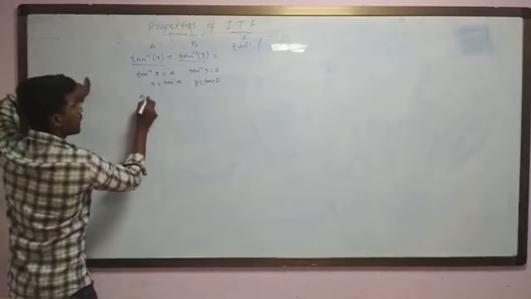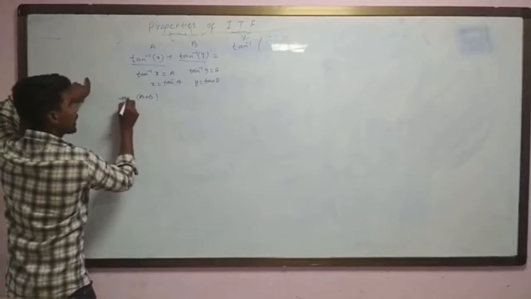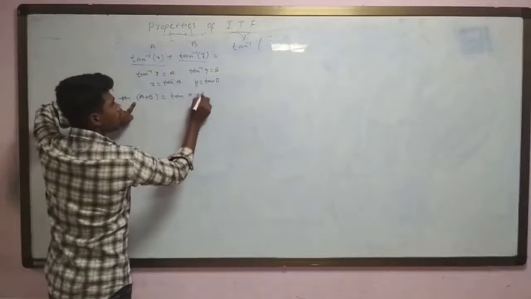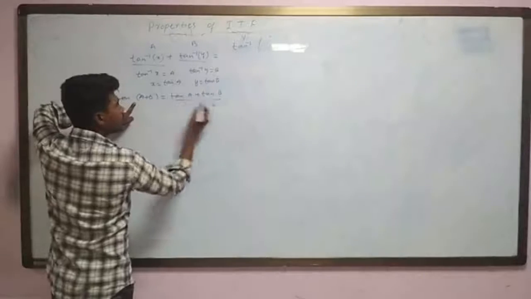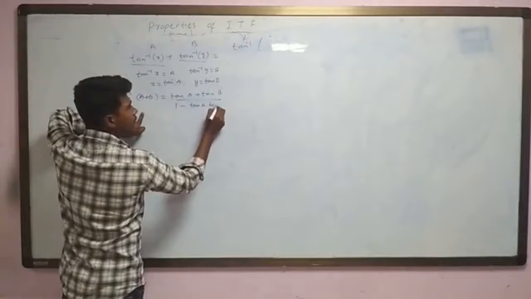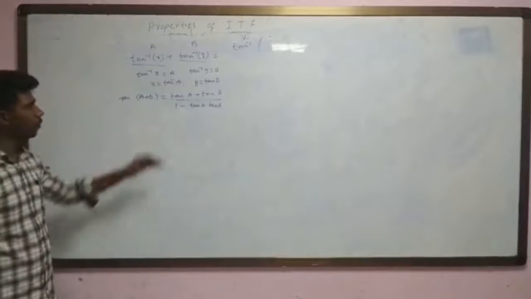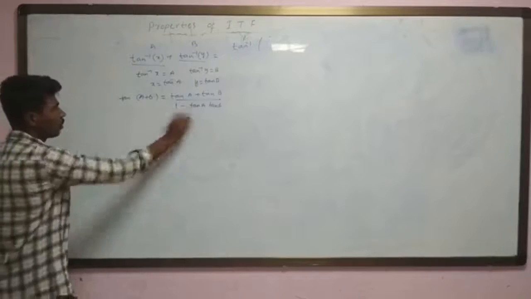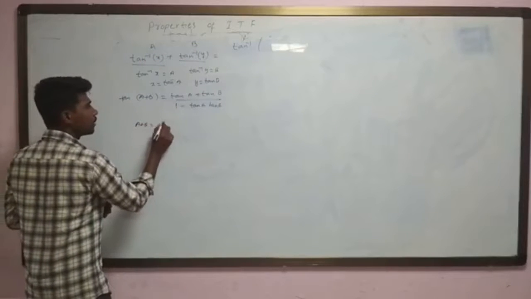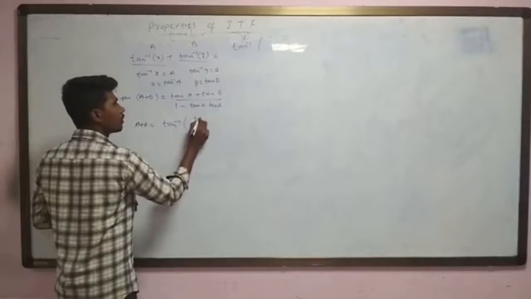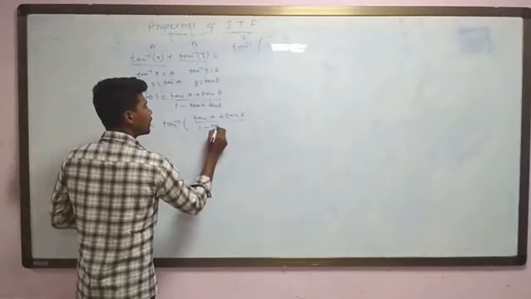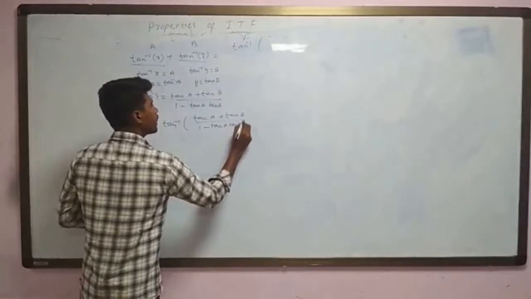If I take a plus b and apply tan on both sides, then I get tan a plus tan b by 1 minus tan a tan b. If I send tan to the right side, a plus b is equal to tan inverse of tan a plus tan b by 1 minus tan a tan b.